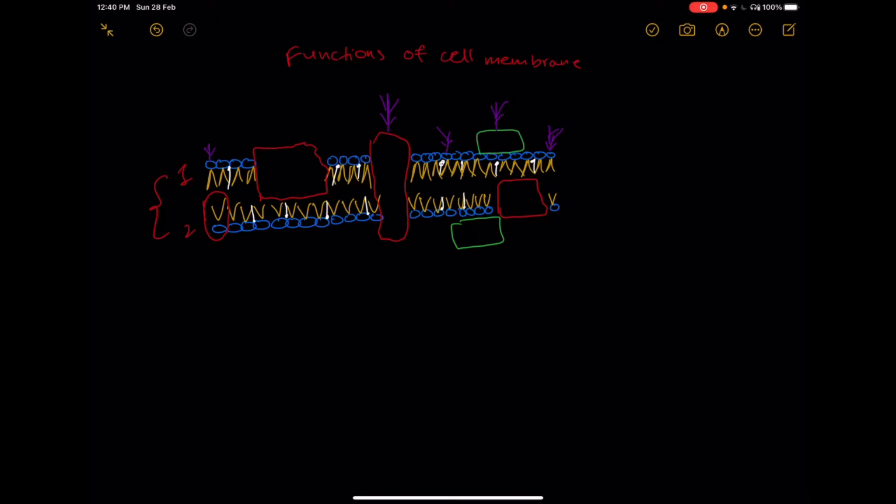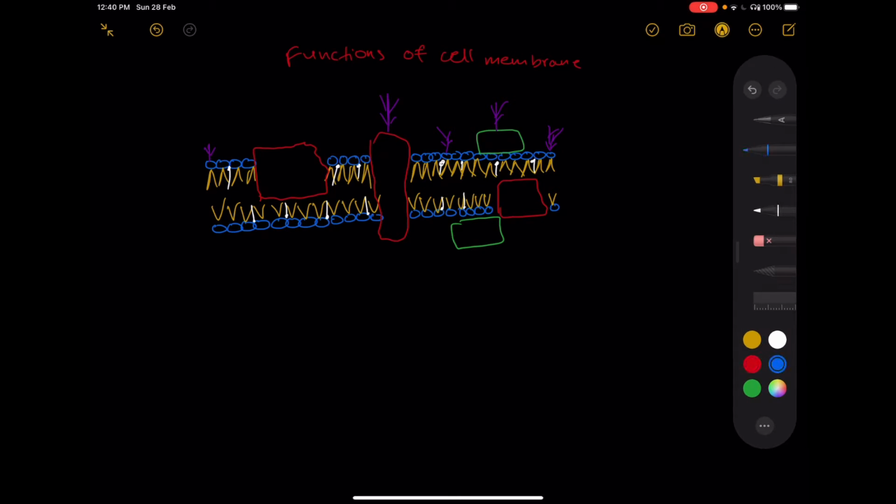We also learned that a phospholipid is made up of polar heads. These blue heads are polar, meaning that they can attract polar compounds, whereas these yellow tails are non-polar, so they attract each other.